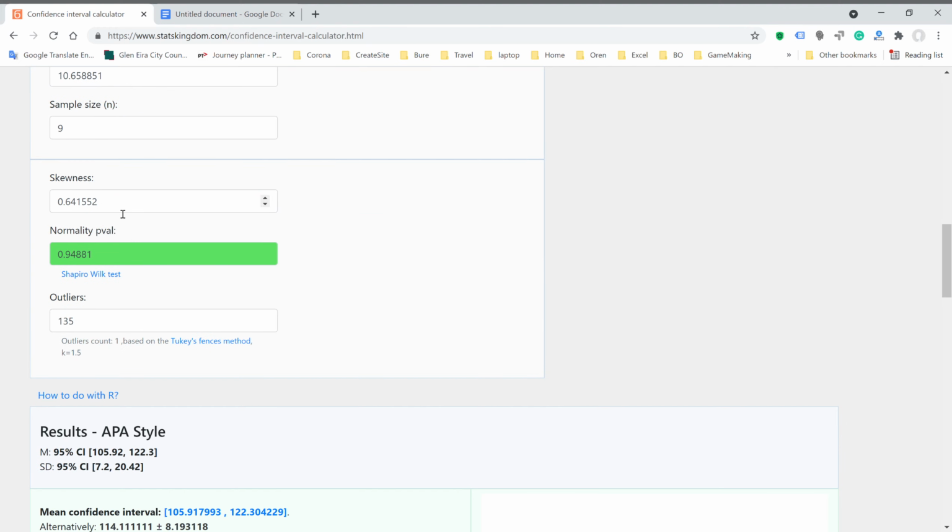And also we get some additional parameters that tell us about whether it makes sense to calculate the confidence interval for data like this by outlining the skewness, the normality p-value, which tell you if our sample is part of a normal distribution, and again, any outliers that might be present.